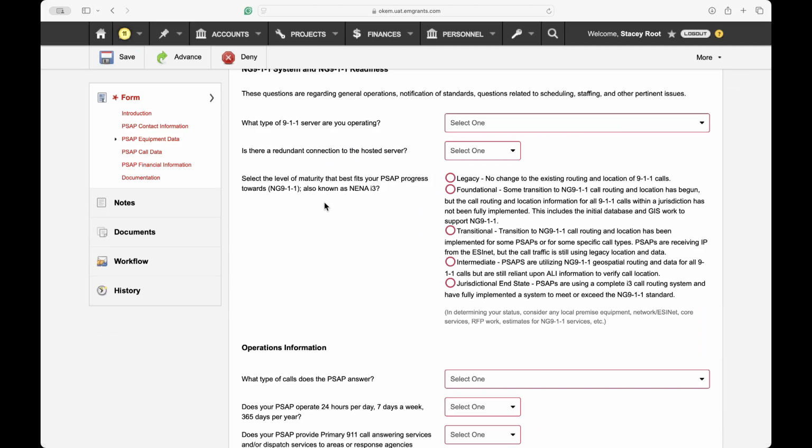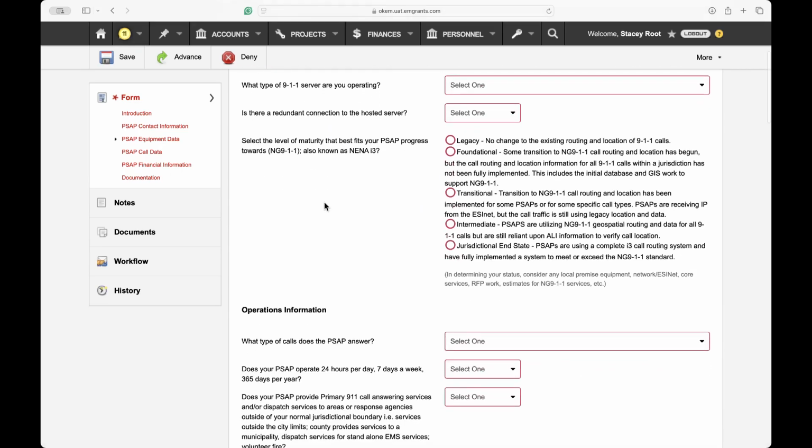All right. Moving on into NG911 systems and NG911 readiness. These are not necessarily new. There's a drop-down portion that is new depending on what you choose, but this is not a new section or question. So I want to skip down to select the level of maturity that best fits your PSAP progress. This is somewhat confusing to most folks that fill this out.